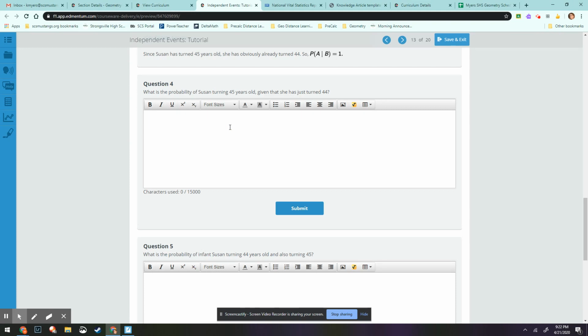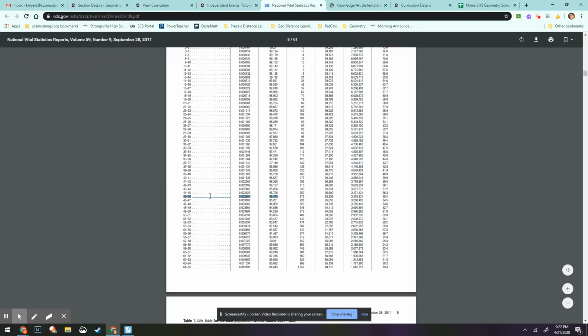So what I need to do is look at the probability of dying between 44 and 45. If I come over here, the probability of dying between 44 and 45 is 0.002629.